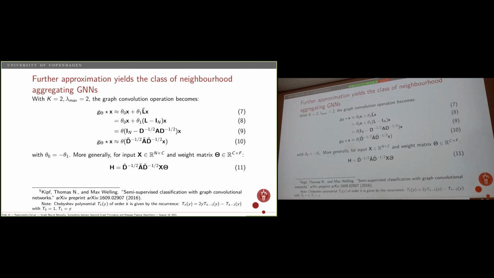This is theta, and X is your node features, right? Your n nodes are living in a C-dimensional space, and after this multiplication you transport all these nodes into an F-dimensional space. It's a linear operation, so you're basically doing a linear layer here.